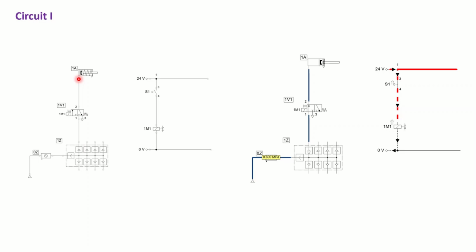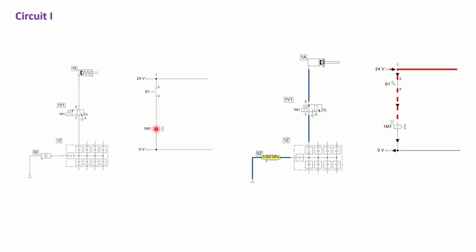But the question is how we can actuate this directional control valve. And the answer is that the form of actuation is going to be electrical actuation. Once we are looking at electropneumatic circuits, we would have a sort of electric actuation for the directional control valve, and the component responsible for making that actuation and energizing it is the solenoid, which is located inside the electric circuit as you see in here.